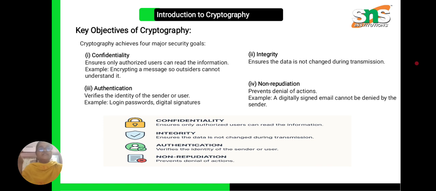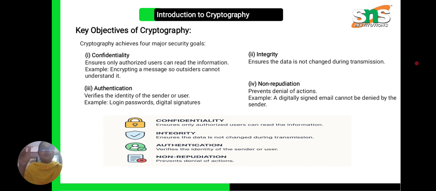Let us now discuss the key objectives of cryptography. Cryptography mainly focuses on four key objectives: confidentiality, integrity, authentication and non-repudiation. Confidentiality ensures that only authorized users can read the data, whereas integrity ensures the data is not altered during transmission.